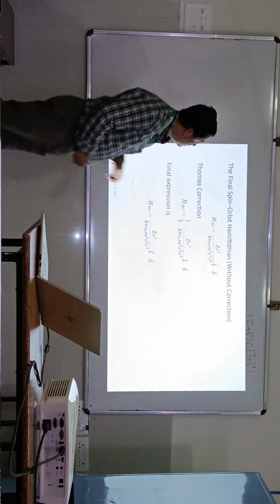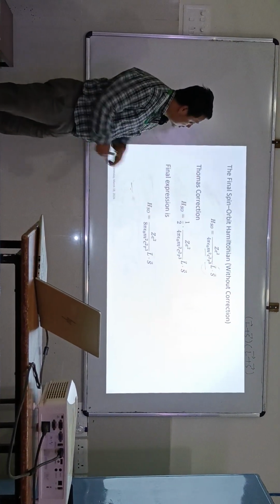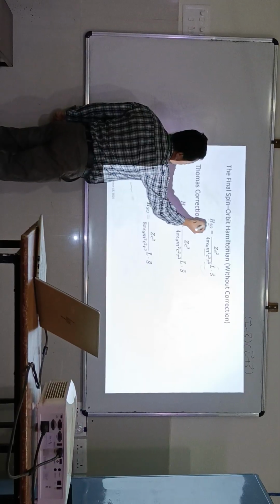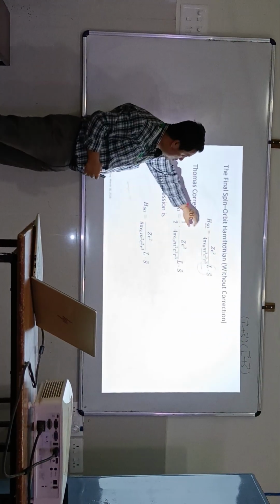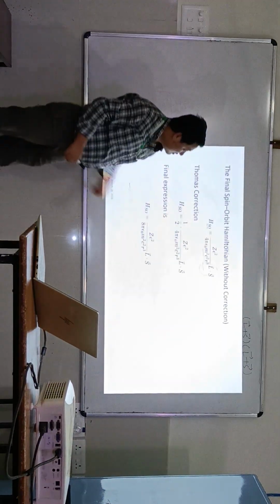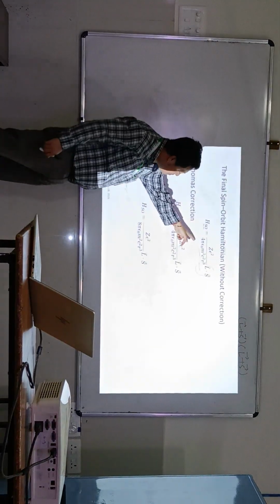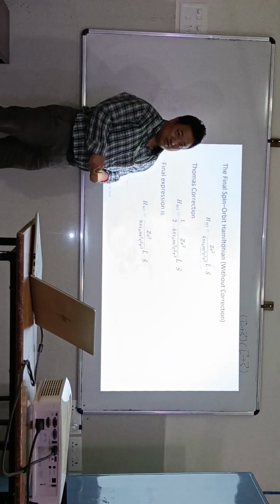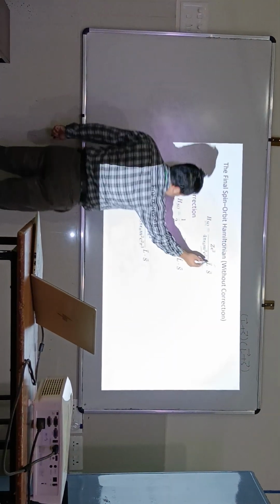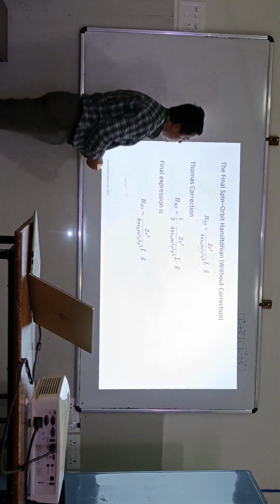The final equation is the Hamiltonian for spin orbit coupling: H_SO is given by Z squared e squared divided by 4 pi epsilon naught m squared c squared r cube, times L vector dot S vector.